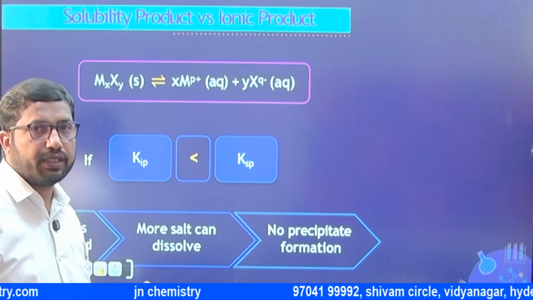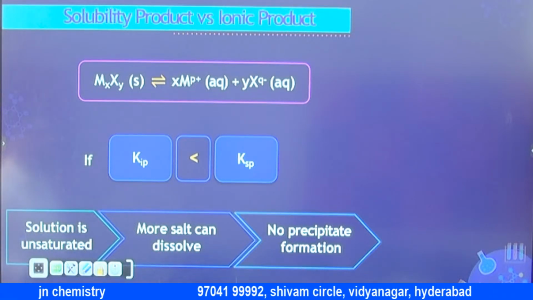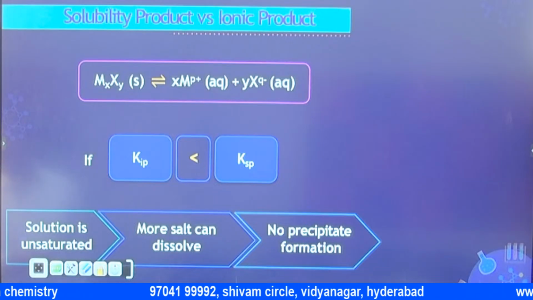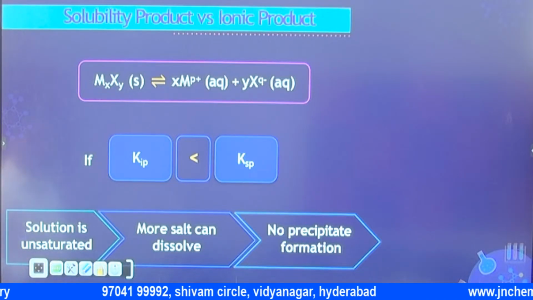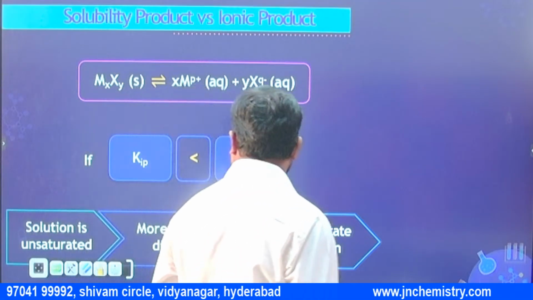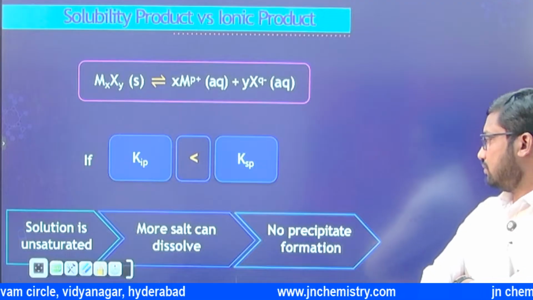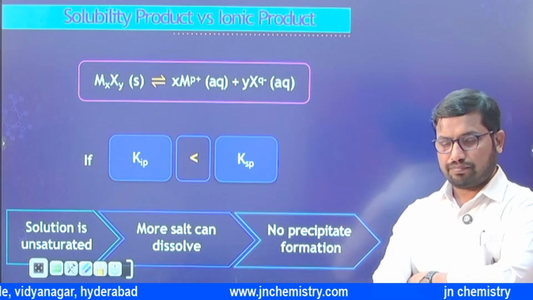When the solubility product is more, the solution is unsaturated, meaning more salt can dissolve, and no precipitation is formed.